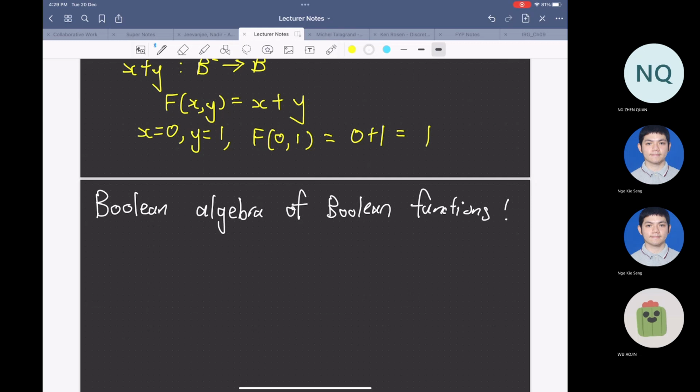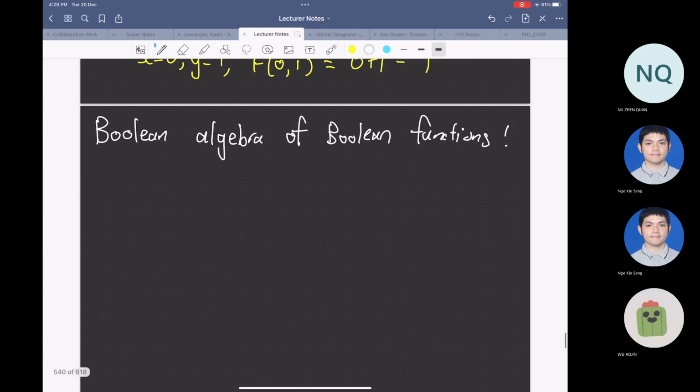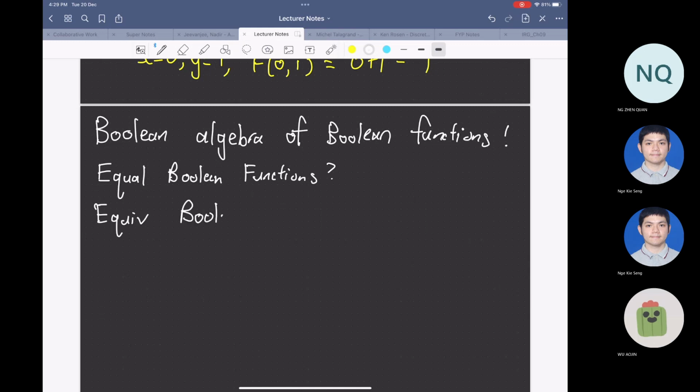So in this case, what time is it? So in this case, we can talk about when two Boolean functions are the same. Okay. Or when are they equivalent? When the Boolean expressions are equivalent.